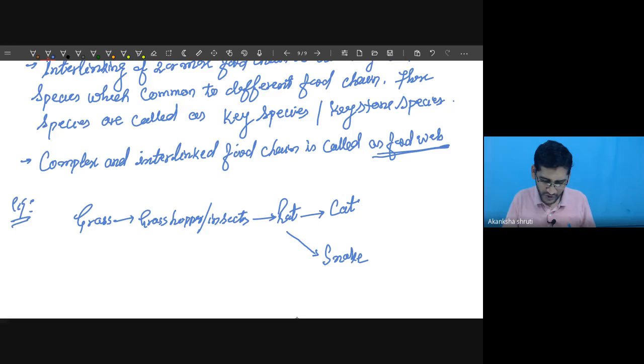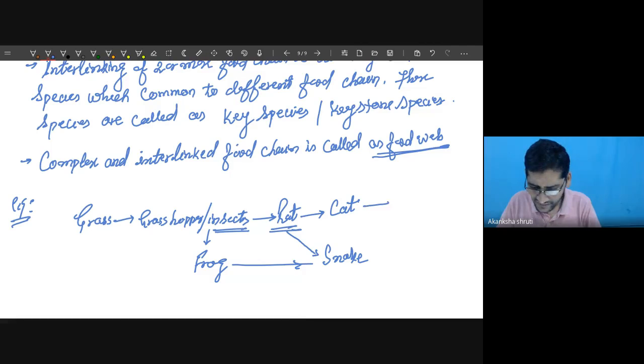So it was also possible that this insect is taken by frog, then frog by cat. No, frog by a snake. Okay, so what we are getting? These insects are the key species. Rat are the key species, and cat may be taken by peacock or vulture or eagle.